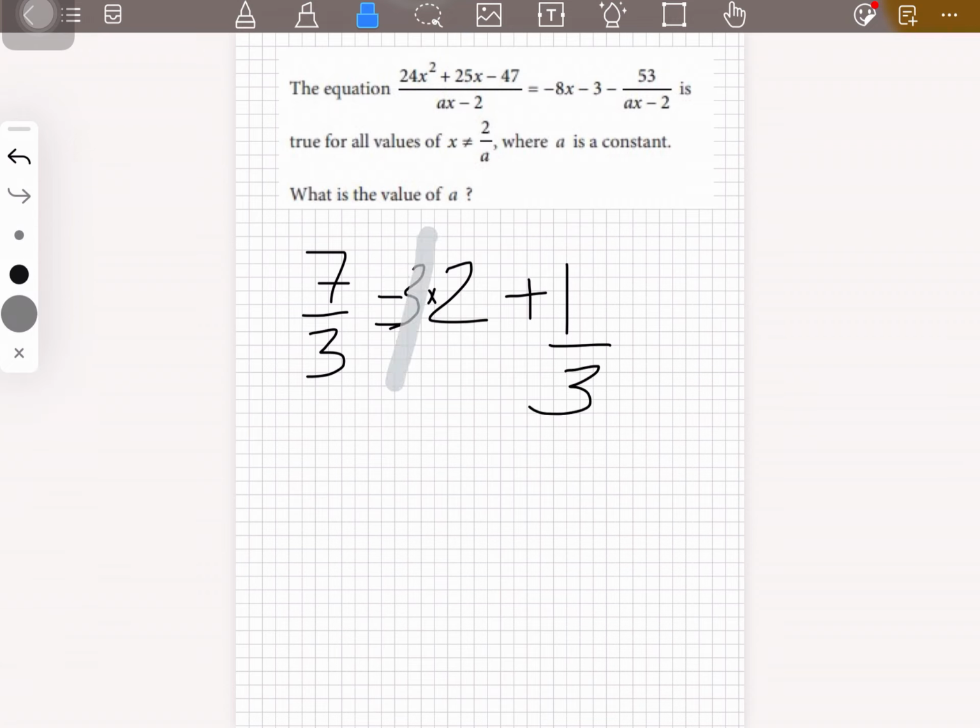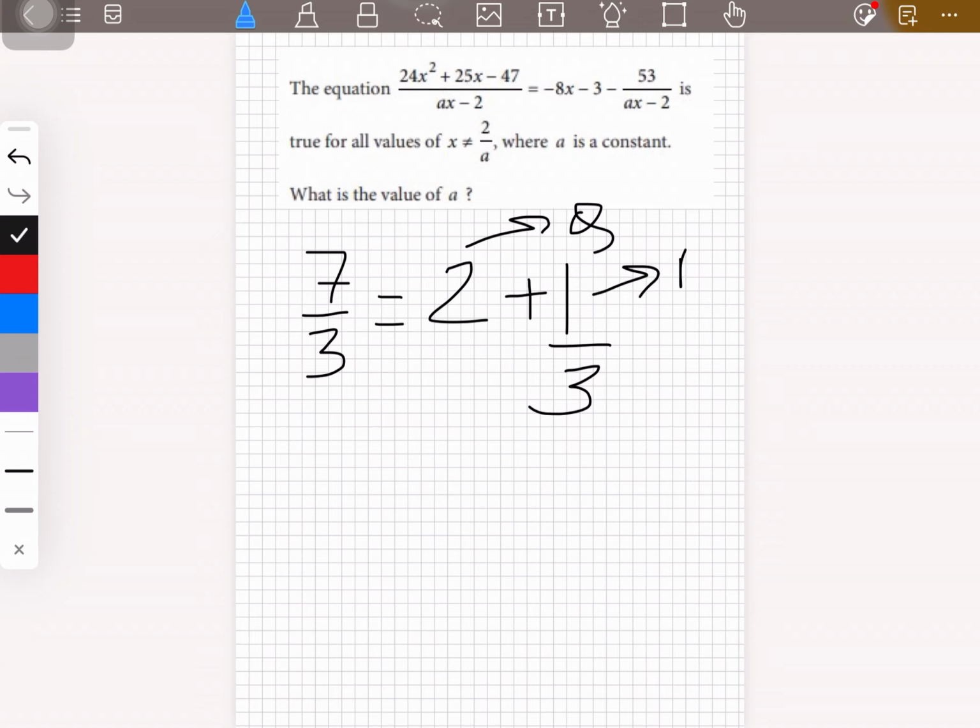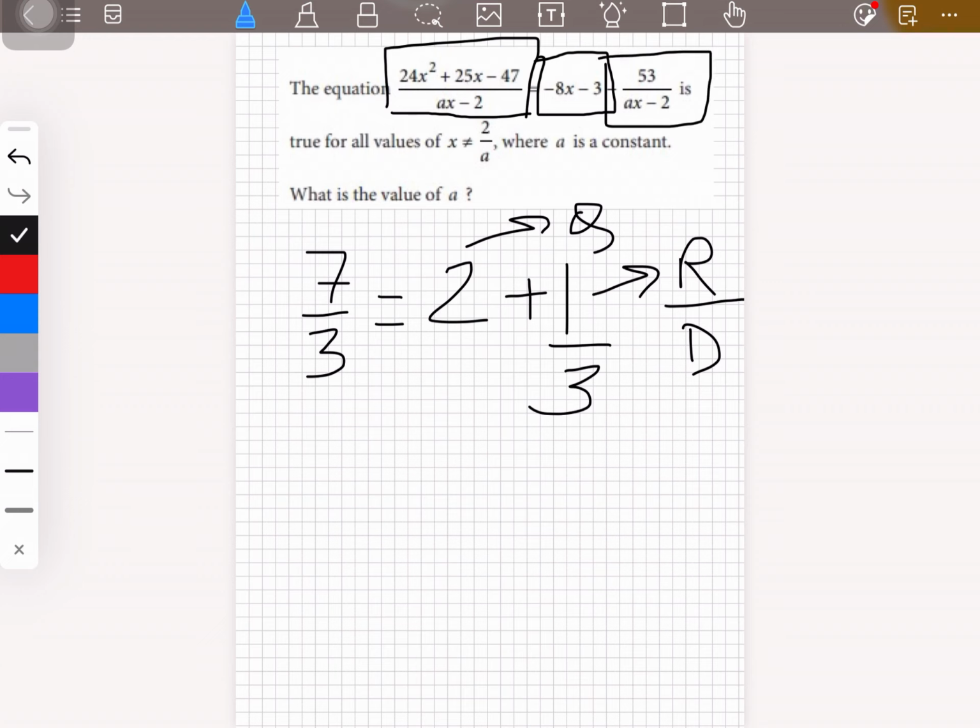So 7 by 3 is equal to the quotient plus the remainder divided by the divider, isn't it? Yes. So what we have here is the same as well. This is the number that we can compare to 7 over 3, and this is most likely the quotient, and the rest is the remainder by divider.